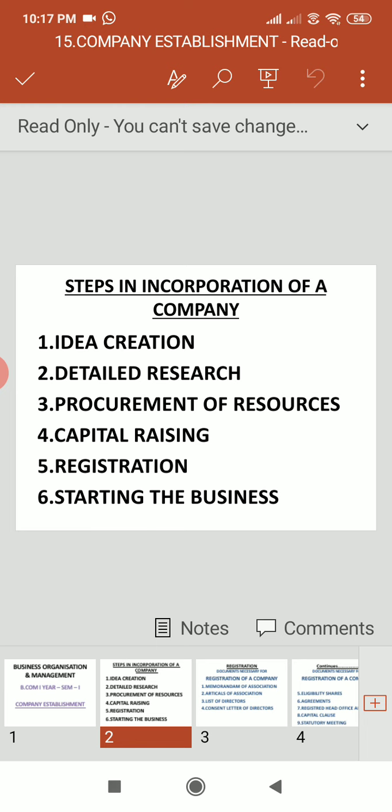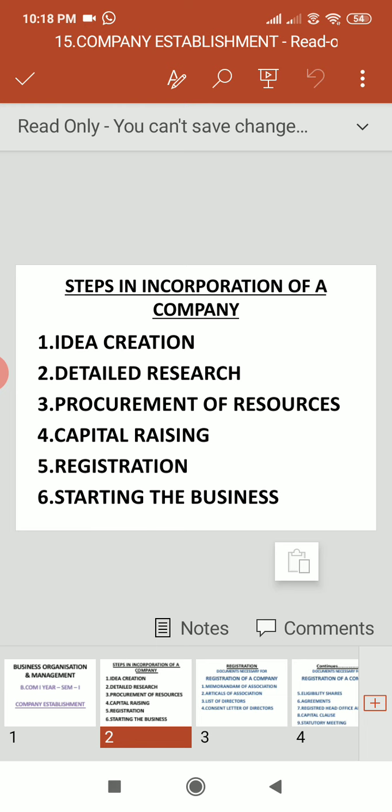Next, capital raising. How much capital is needed? What are the various methods of capital raising? What are the various instruments we can adopt for capital raising? What are the parts of the capital?